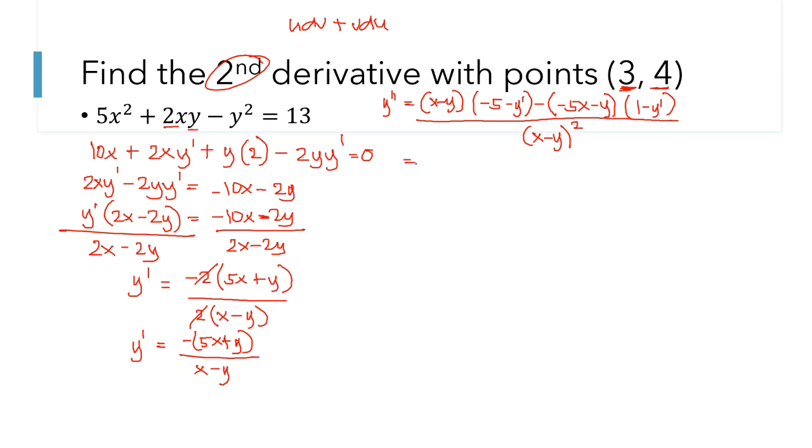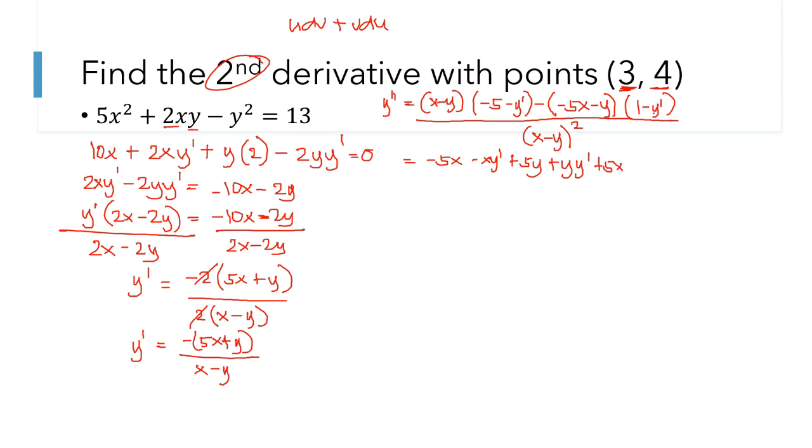Okay, so let's simplify this. X times negative 5, that is negative 5x. X times negative y prime, that is negative xy prime, plus 5y plus y prime. Negative 5x times 1 times negative, so that would be plus 5x.